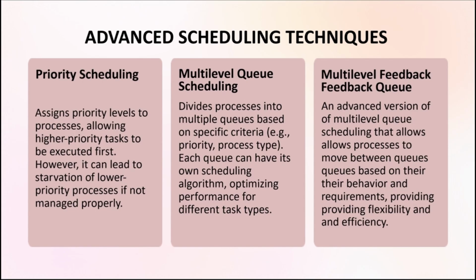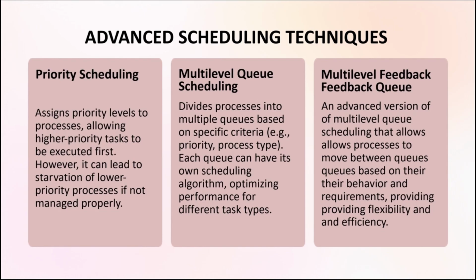Next slide. Now we're talking about the advanced scheduling techniques. The first thing is priority scheduling. This assigns priority levels to processes, allowing higher priority tasks to be executed first. However, it can lead to starvation of lower priority processes if not managed properly. This simply means that when we are doing priority scheduling, the higher one is going to be attended to first.